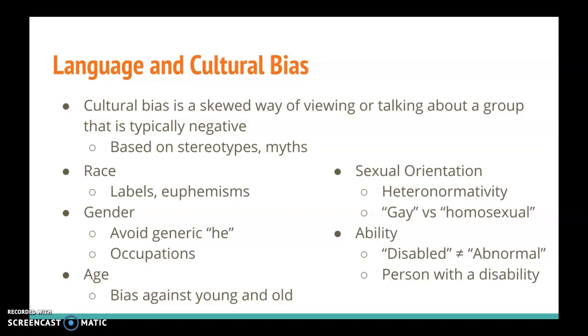Because the individual is not their ability or their disability. That is not the entirety of their identity, right? If they are a person who uses a wheelchair, or if they are a person who is hearing impaired or sight impaired, that does not make up their whole personhood, right? They are just a person who happens to have a disability.